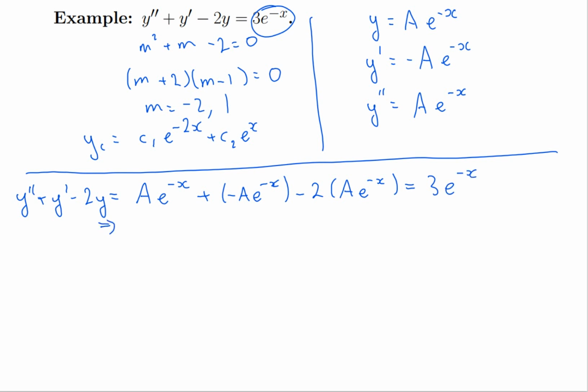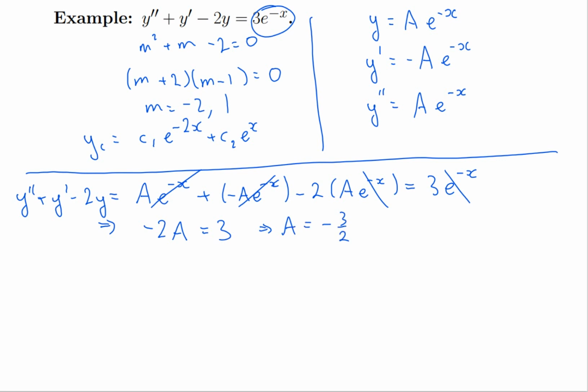This time it's very easy to solve. It's just one equation and one unknown. Then I have a common factor, e to the minus x, which is not 0, so that cancels. So I get negative 2a is equal to 3. a is equal to negative 3 halves.